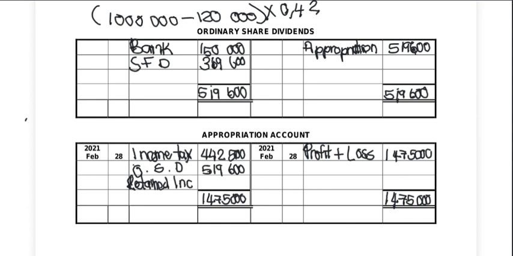I am. So 1,475,000 minus your income tax and your ordinary share dividends. That should give you 512,900. Going straight to your retained income amount.